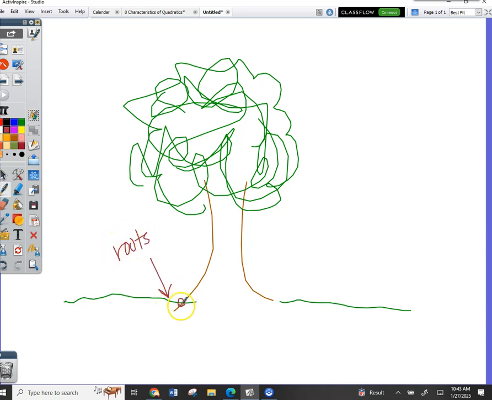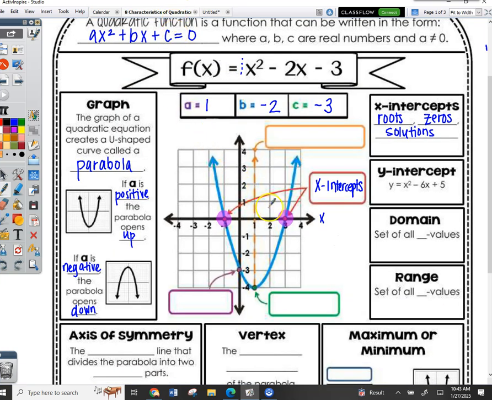Where does the root first touch the ground? Right here. Do you kind of see the whole concept of a quadratic? And this is the x-axis. And the roots, those are your x-intercepts.